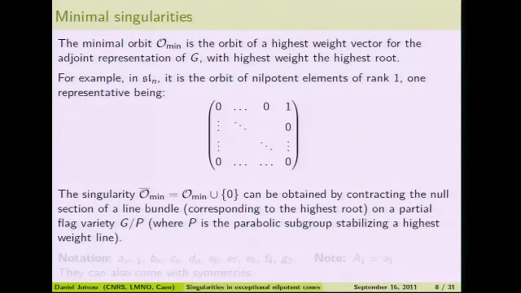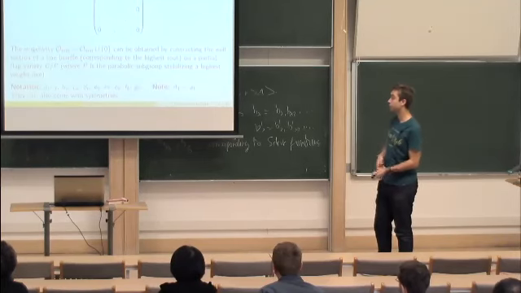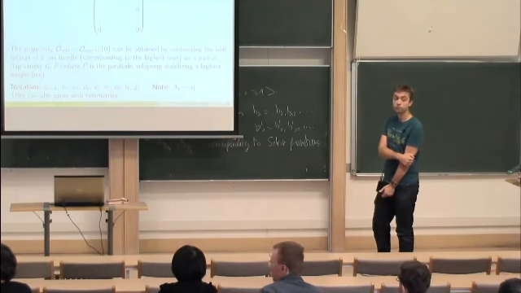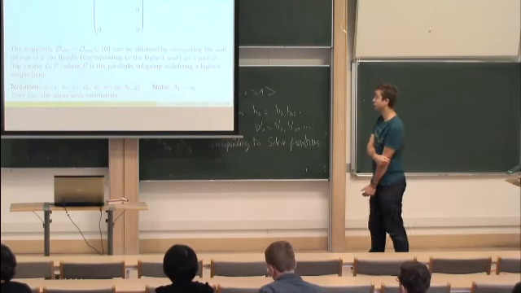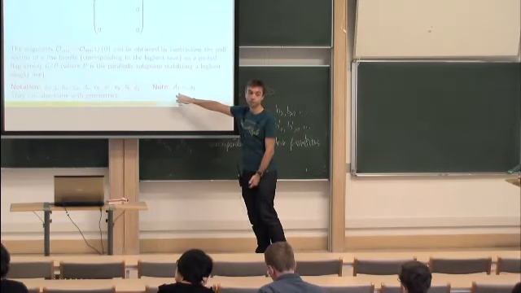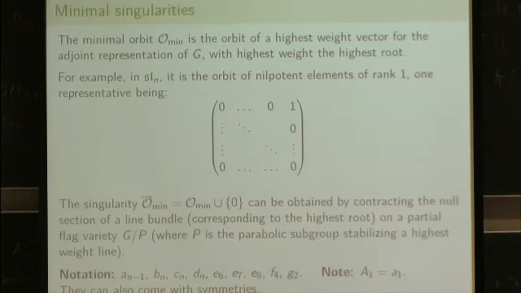And so the simple singularities, we denote by capital letters, and these minimal singularities, we denote them by lowercase letters. And so they are of codimension greater than 2, except a1, which is the same as the previous A1, because in SL2 there are only 2 orbits, so minimal and 0 is the same as regular and subregular.